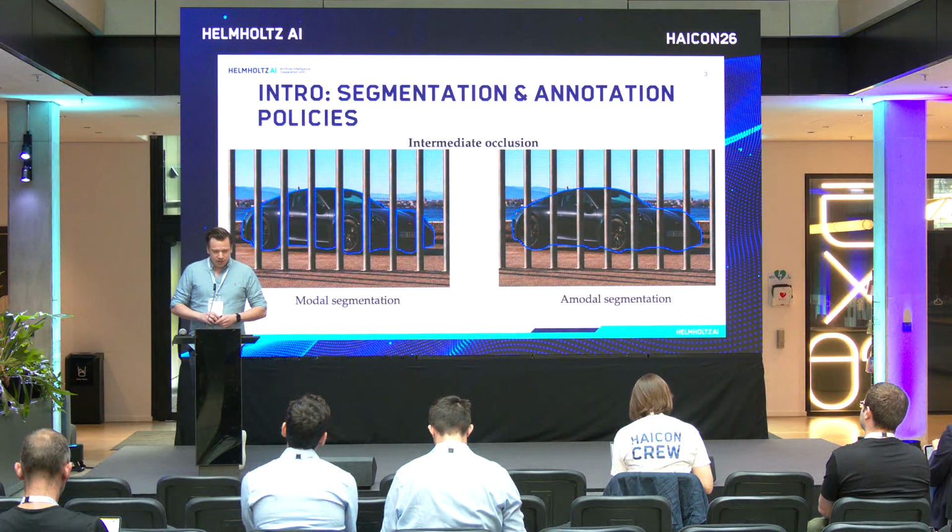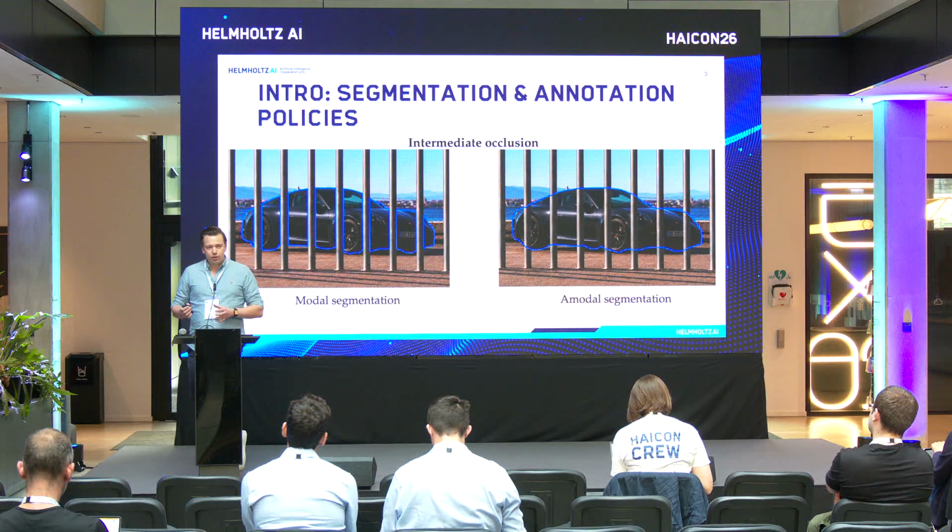In terms of segmentations, these are some examples of segmentation and also annotation policies. A lot of the times, the way models segment depends on decisions made during data annotation. So for car segmentation, which this is an example of, on the left-hand side, you can see the so-called modal segmentations. You only segment what you're actually seeing. So you end up with these stripes of mask components.